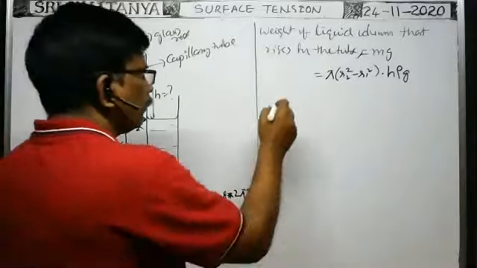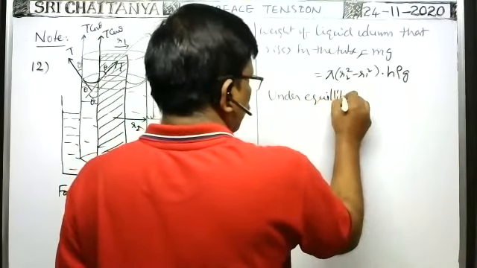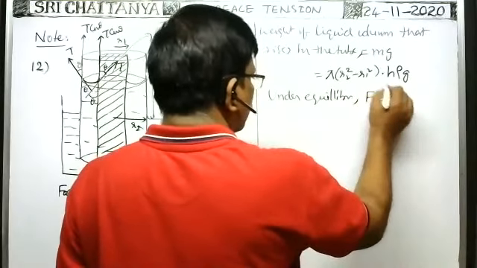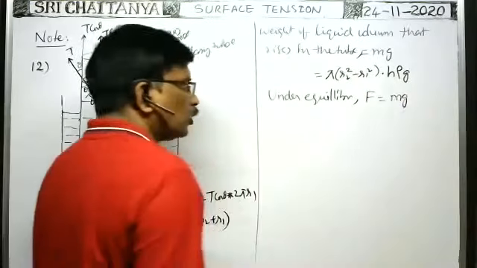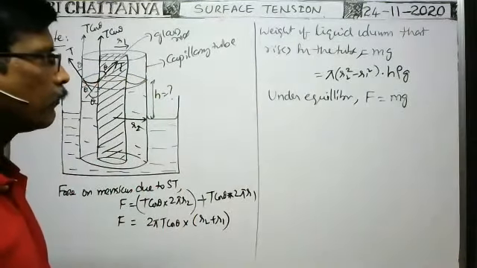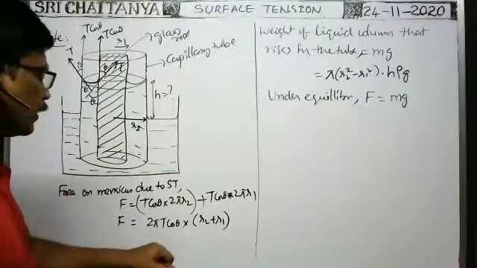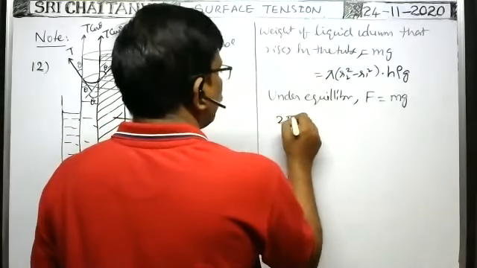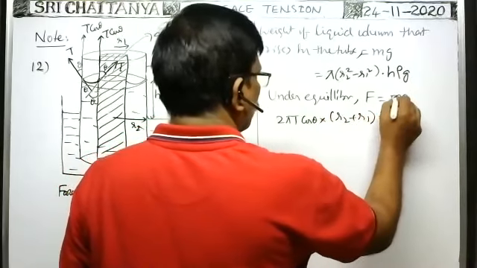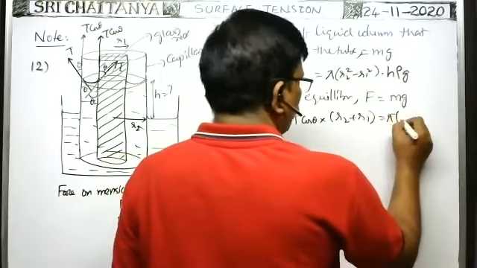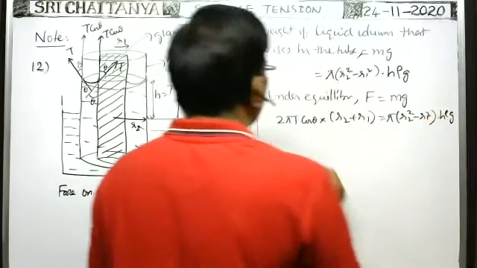As we know, under equilibrium, the force due to surface tension acting on the meniscus in the vertically upward direction balances the weight of the liquid column in the capillary tube that rises due to the surface tension or capillarity phenomenon. The force we already got is 2 pi T cos theta into R2 plus R1, which is equal to mg, that is, pi into R2 square minus R1 square into h rho g.